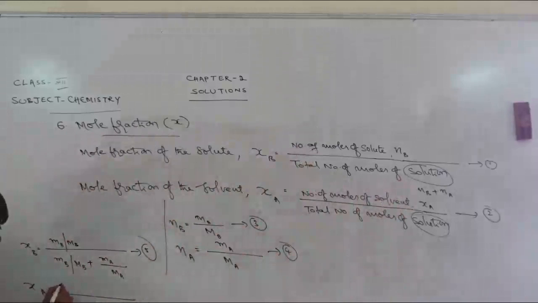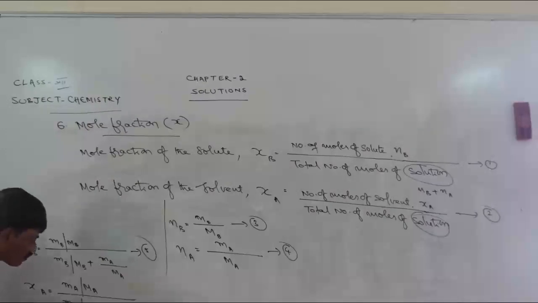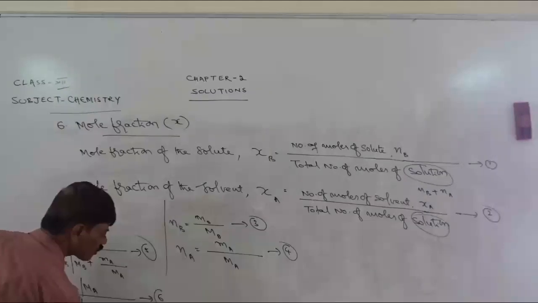So nA is equal to mA by capital MA divided by total number of moles of the solution. So mA by capital MA plus mB by capital MB. Let this be equation number 6.